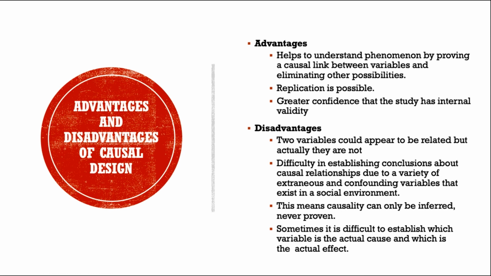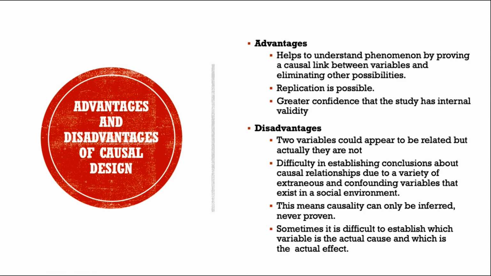And also difficulty in establishing conclusions about causal relationship due to the variety of extraneous and confounding variables that exist in a social environment. Sometimes we have mediating variables, moderating variables. Sometimes it's very difficult to determine or establish what really contributes to that phenomenon or not.